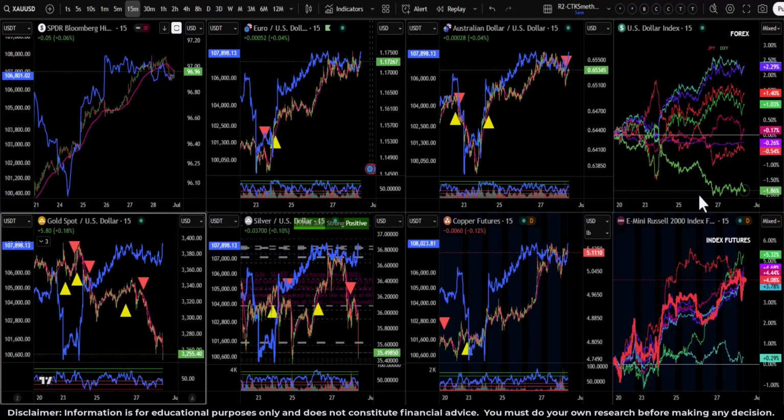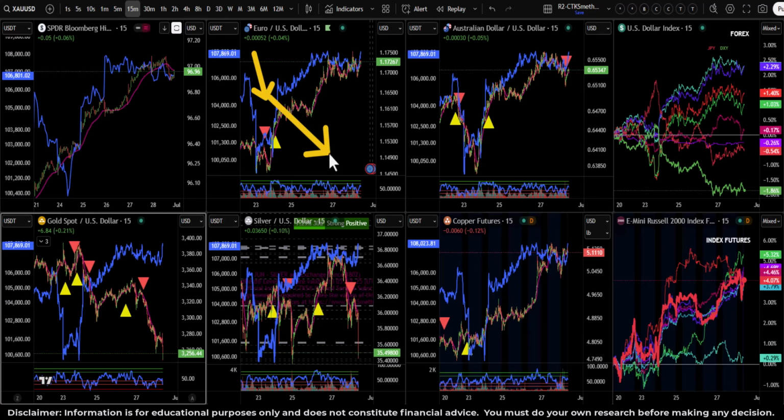And we can also see that copper is going for it. So the euro dollar, the Aussie dollar is going for it, and the DXY and the dollar yen combo are both coming down. In order to see more, you actually have to know more.